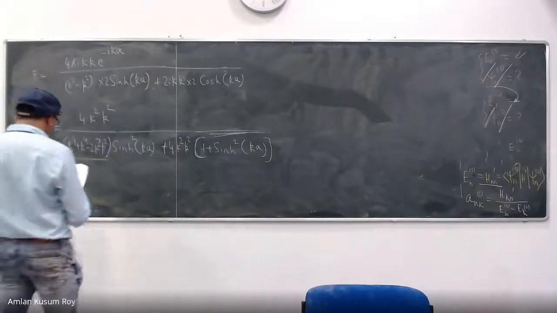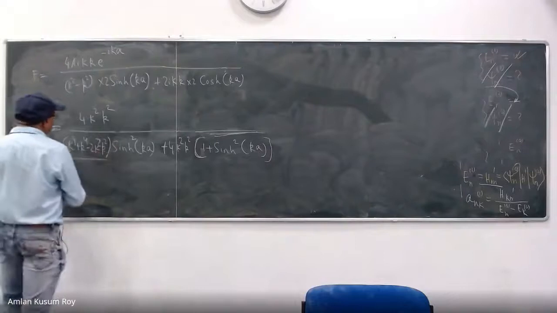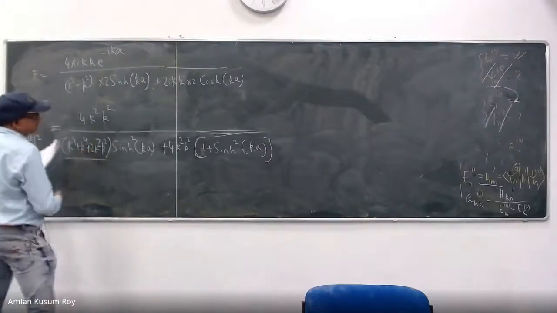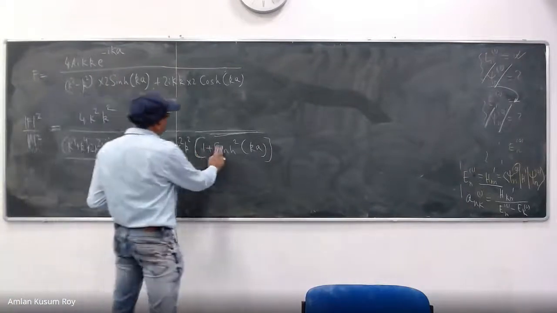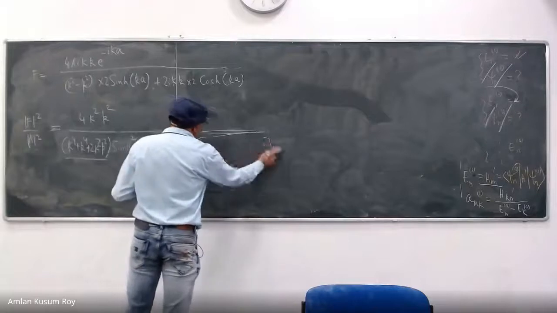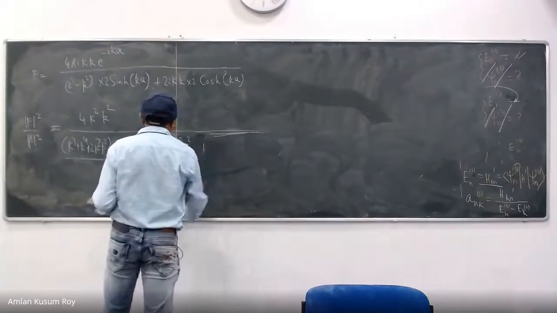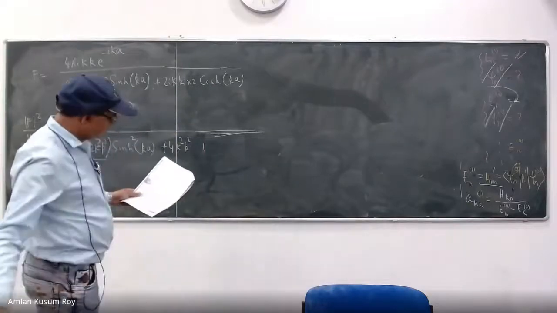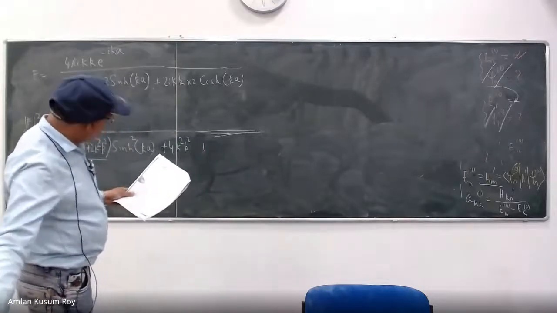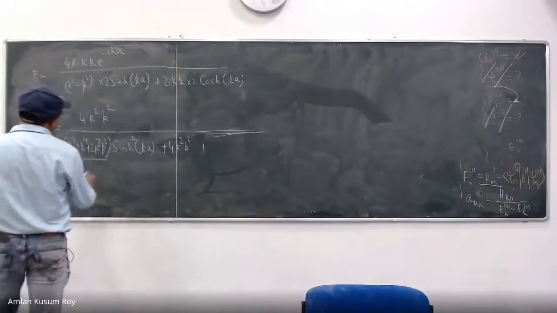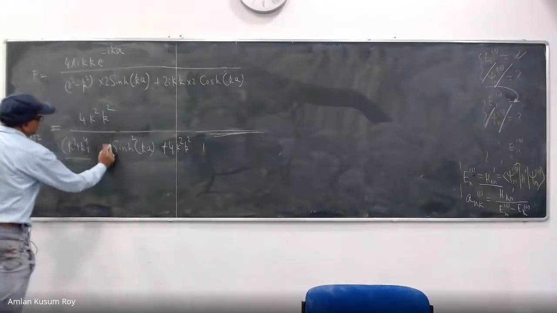You understand? So eventually it will become plus, and then you will get rid of this sine hyperbolic square, but you will be left with only 4 k square kappa square into 1. Okay? So that means this becomes k square plus kappa square whole square.